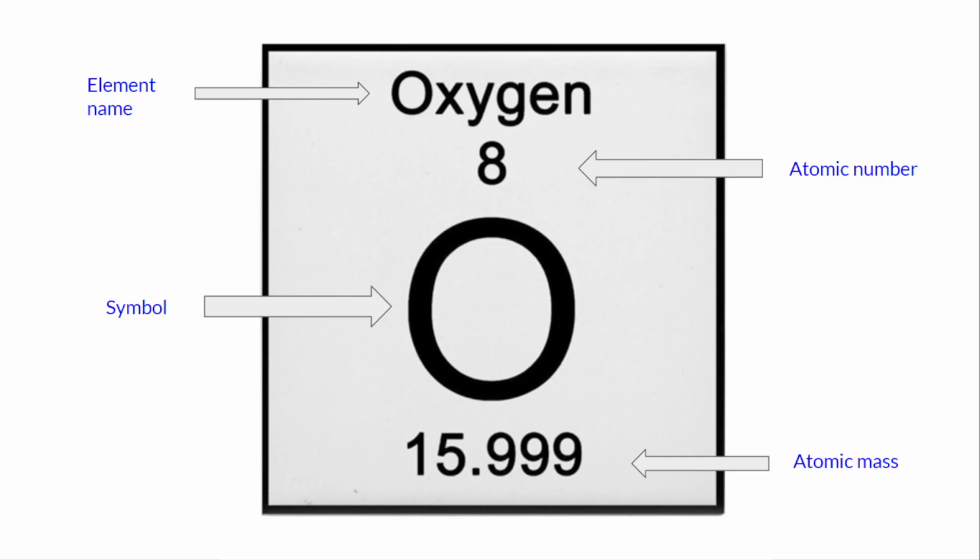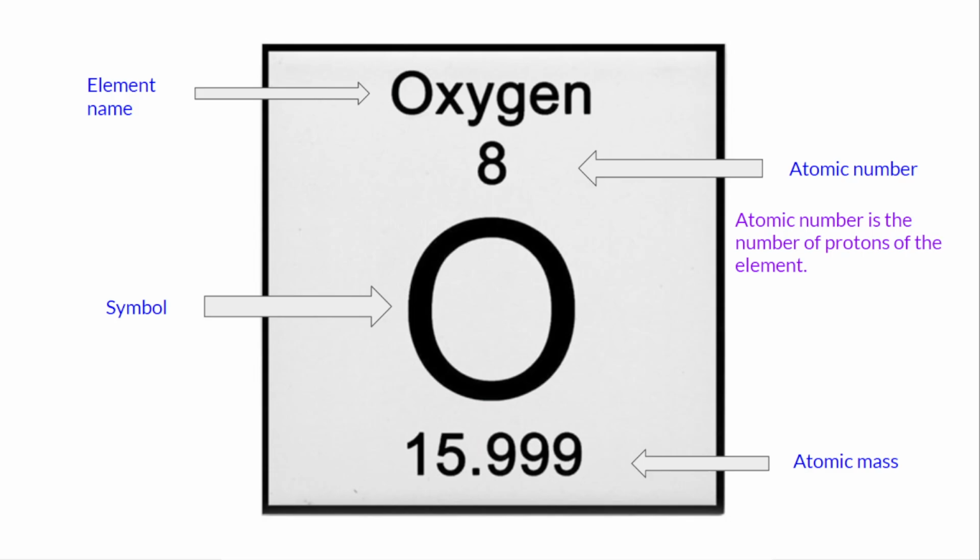Okay, so the atomic number is like the ID number of the element. So for example, you have your student ID, we all have our driver's license ID, so everyone's number is different. Same thing for elements. Every element has its own atomic number, and that atomic number is determined by the amount of protons they have.